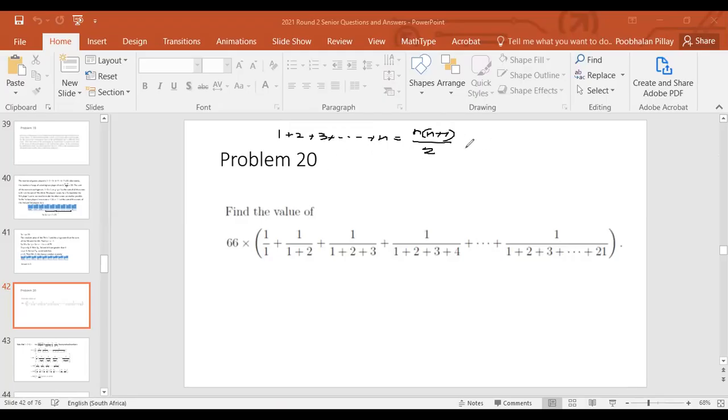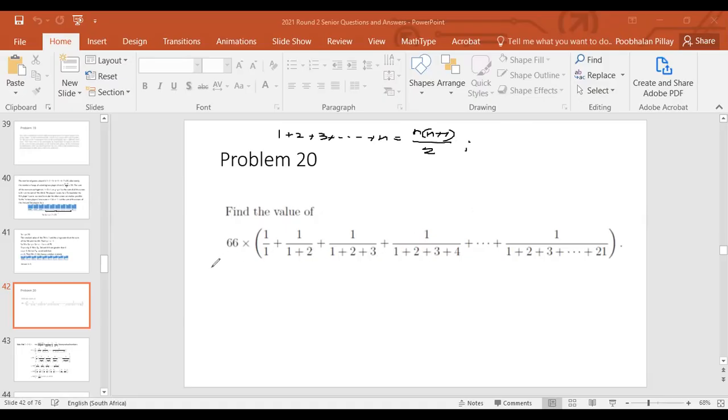It's n into n plus 1 over 2, the product of two consecutive numbers divided by 2, where the smaller is the number of terms. Now there is another one which I will write down when the time comes.